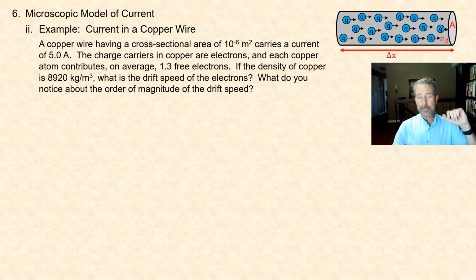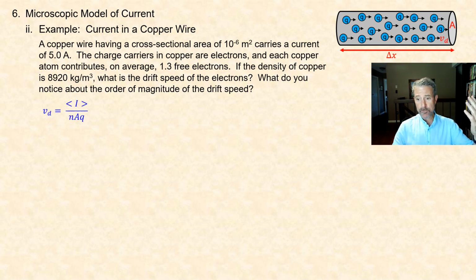We're given the density of copper in this problem, and we're asked to find the drift speed of these electrons. As a follow-up, we're asked to comment on the order of magnitude of this drift speed. So think about the model we used in the previous slide and the expression we derived for current in terms of these microscopic properties, like drift speed.